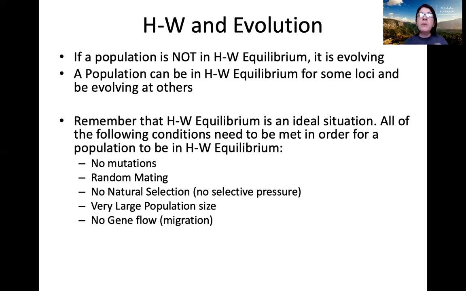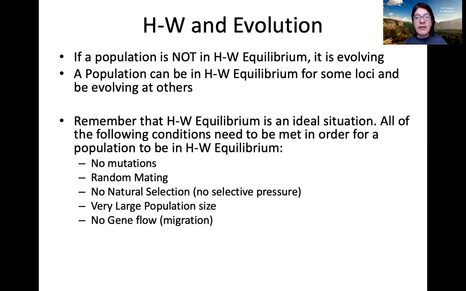And you need to remember that the Hardy-Weinberg equilibrium is an ideal situation. So in order for a population to be in equilibrium, all of the following conditions need to be met, all right? All of them, not one, but all. No mutations are happening. There's random mating, so there's no sexual selection going on.